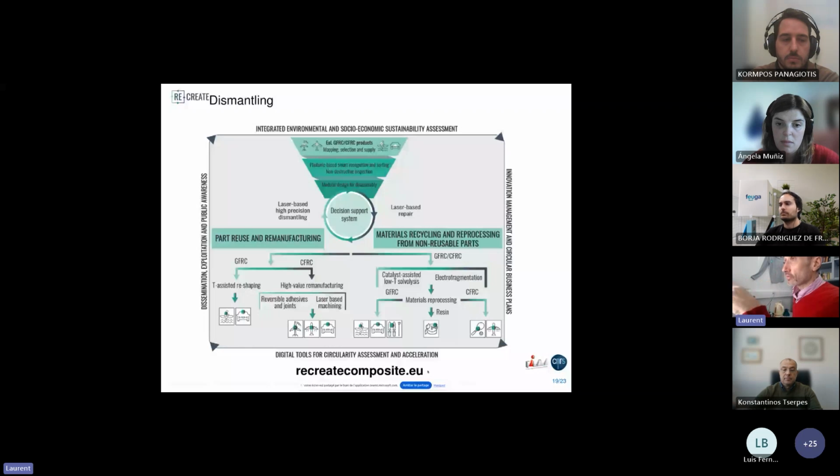Another constraint: if you want to dismantle large parts like in aeronautics, parts that are several meters long, we have curvatures and thickness variations. But we demonstrated that by playing with all the laser parameters, we can adapt, and it's a very versatile technique, but we need the technology to do that.